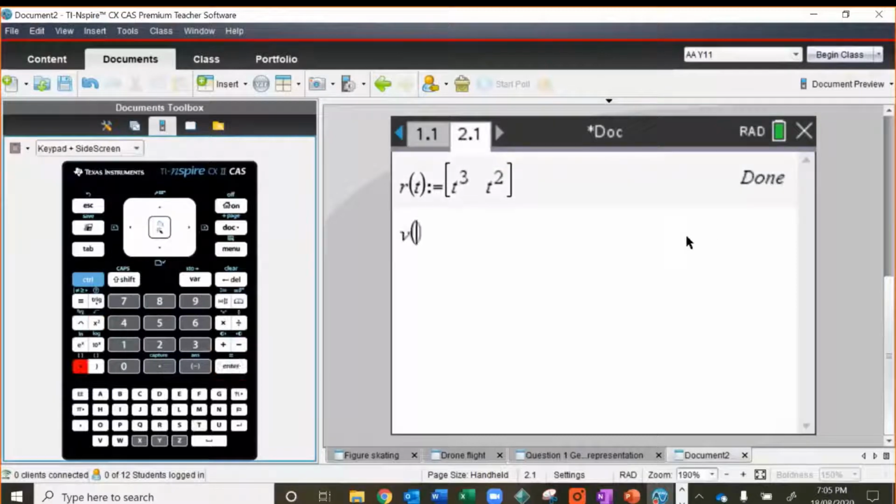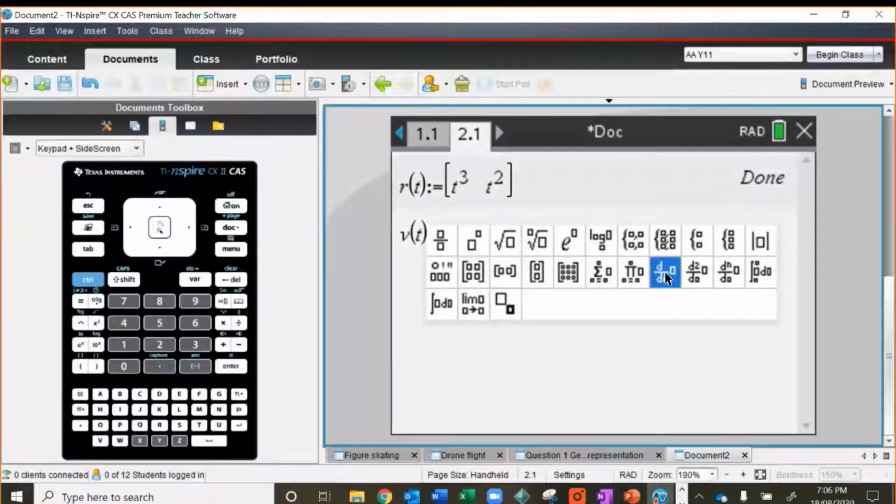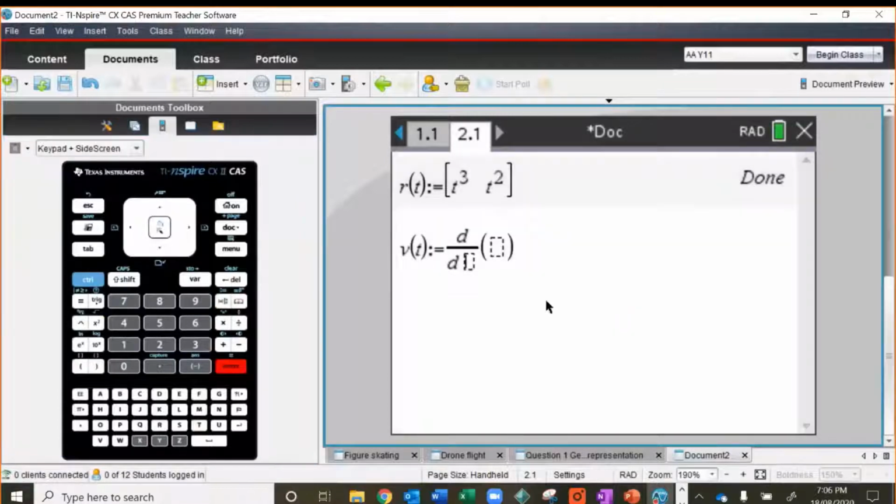And similarly, I will do the same thing. v of t is the derivative of our position vector r of t. And if I wish to find v of 1 now, because that's what the question is asking, it's 3i plus 2j.